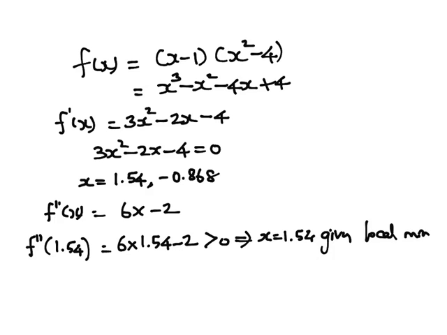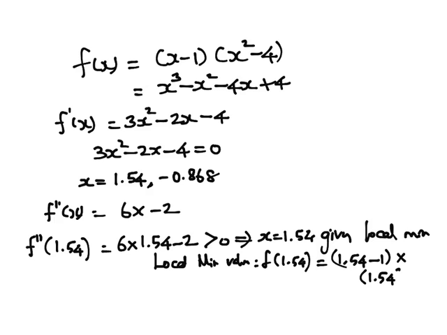That local minimum value is f(1.54), which is (1.54 minus 1) into (1.54 squared minus 4). Let me use the calculator for this. I'll get minus 0.879. So this is the local minimum value.